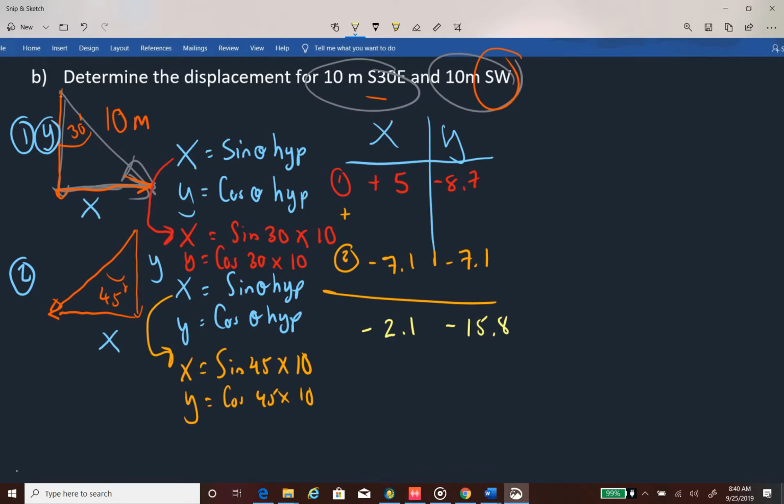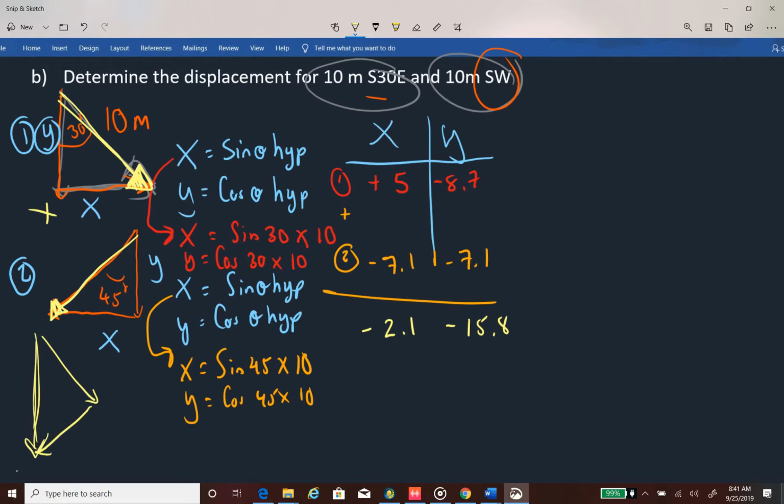If you were to actually take these two vectors and add them up, it probably would look something like this. So it looks like it's pointing definitely south.